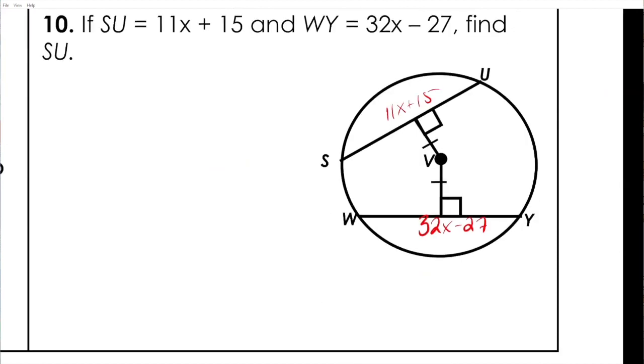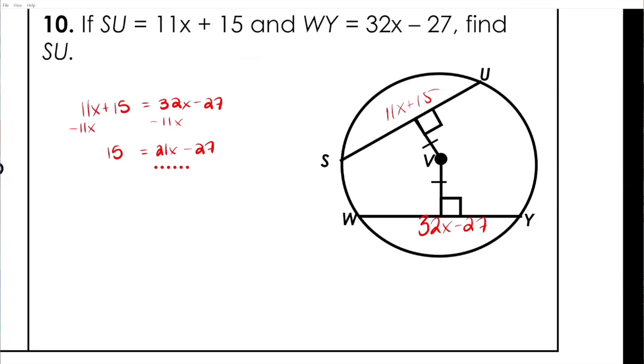So 11x plus 15 equals 32x minus 27. We have a variable on both sides, which means we're going to move the variable first. So 15 is 21x minus 27.